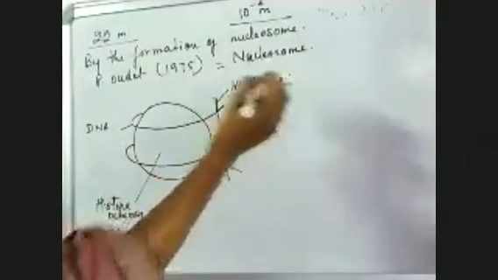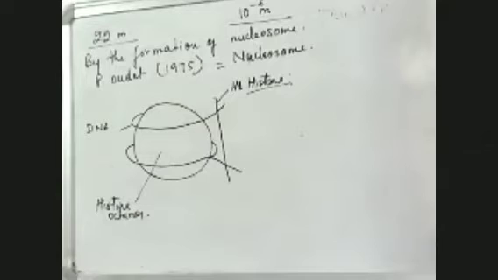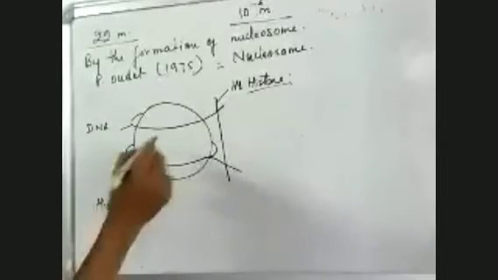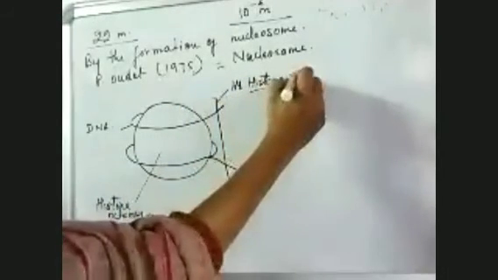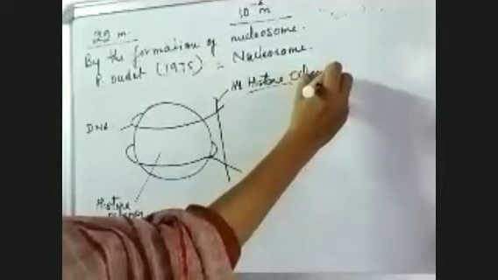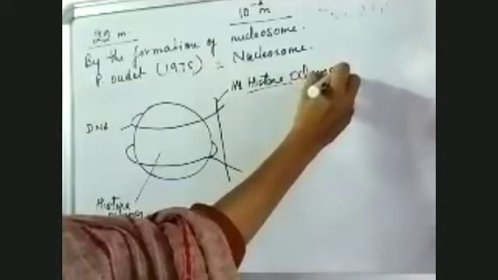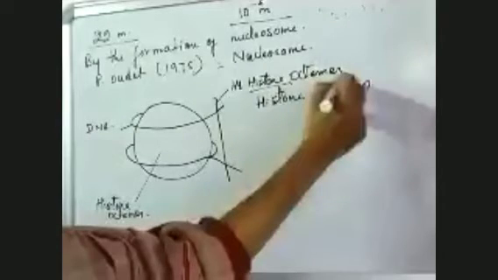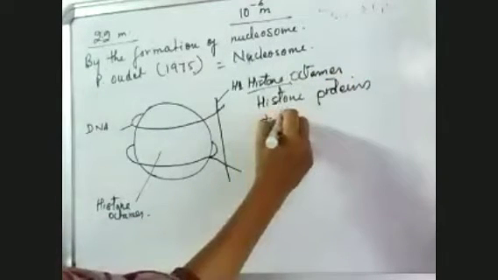What are histone proteins? Histone proteins are rich in 2 amino acids, arginine and lysine, and these are positively charged.